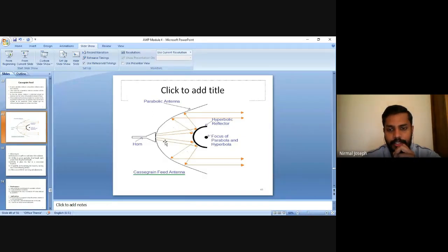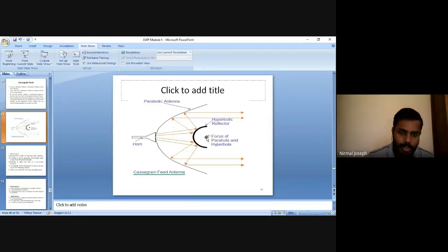And a hyperbolic reflector we will place here such that the focus of the hyperbolic reflector and the focus of the parabolic antenna both should be the same. That is the difference here. This is a parabola with the focus here. This is a hyperbola with the focus here. Both have the same focus.